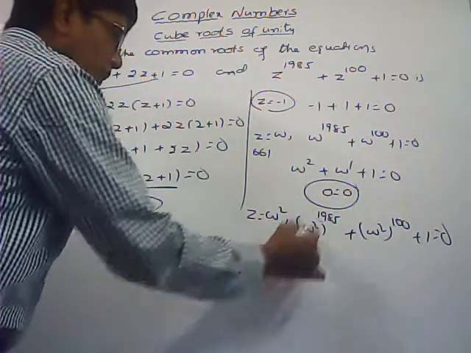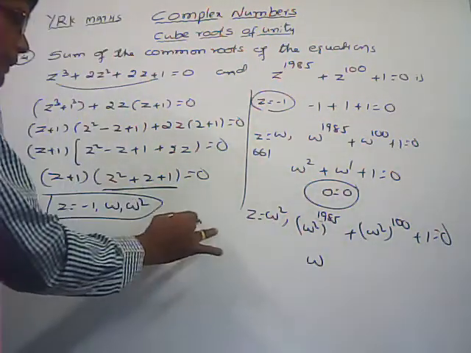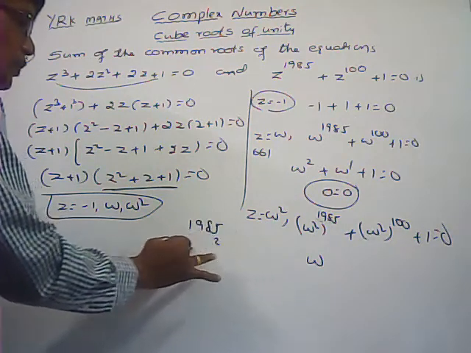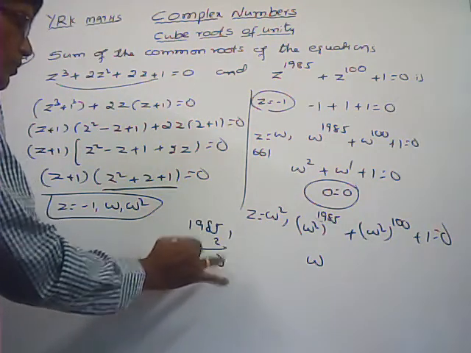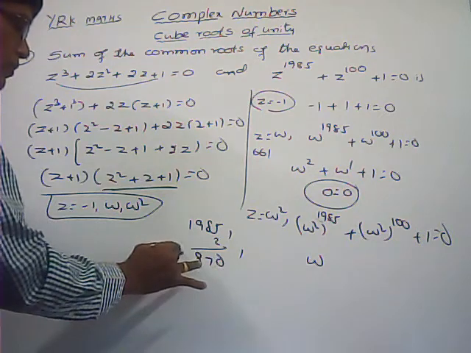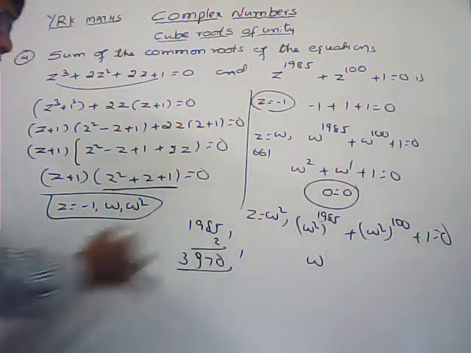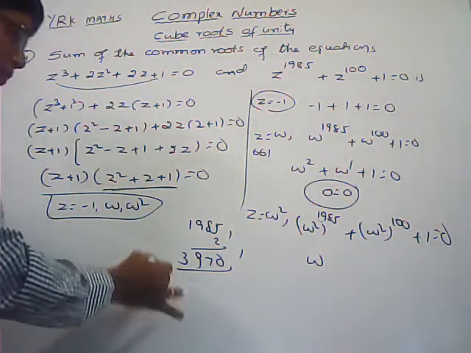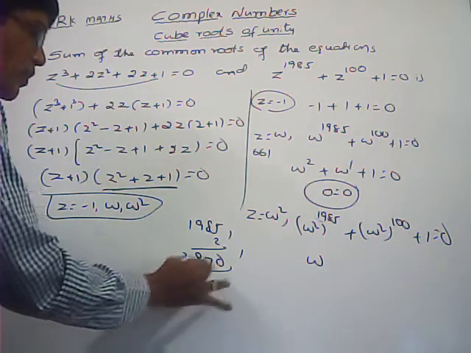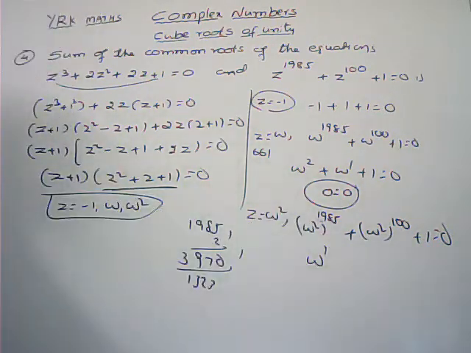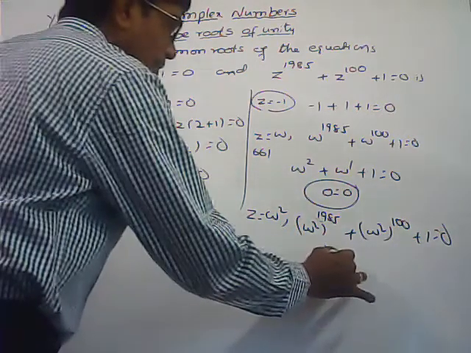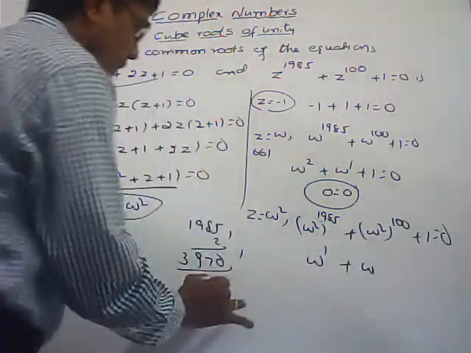Now here you can multiply these two. 1985 into 2 is 3970. If it is divided by 3, we are getting the remainder 1, 3n plus 1, so that is omega power 1, plus omega power 200.